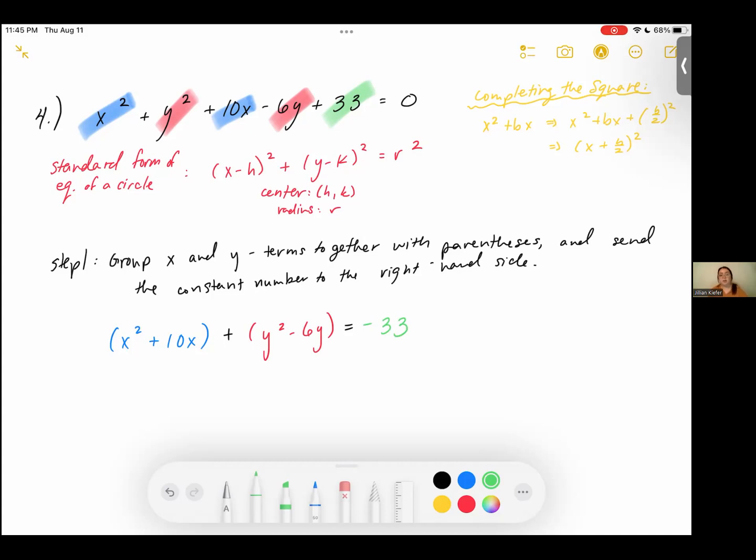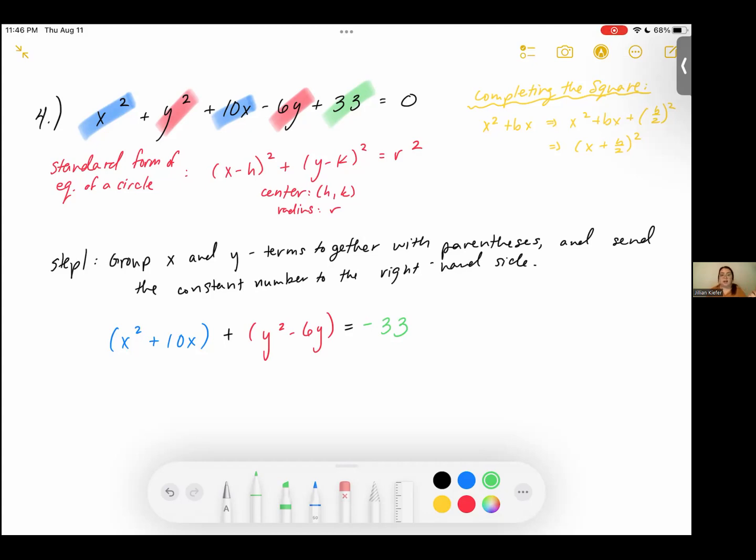equation here. So if we look at our equation, we've got x terms plus y terms is equal to a number, which is fairly similar to the standard form. We have x numbers that are squared, y terms that are squared, and then a radius squared at the end, a number at the end. So it looks fairly similar, but this is where the heavy lifting comes in.